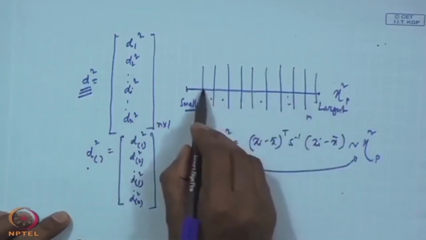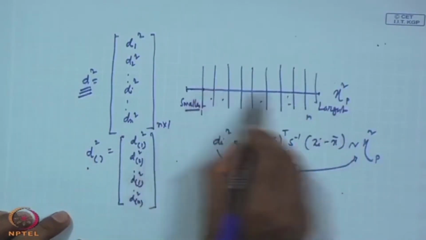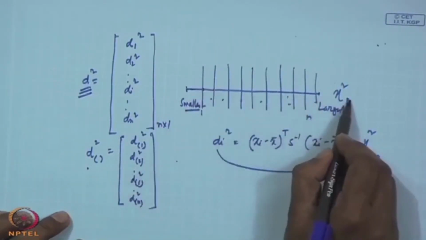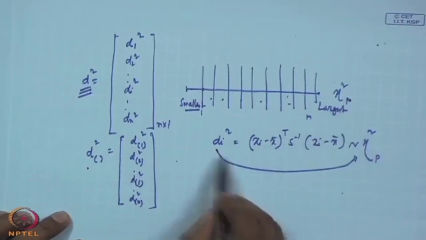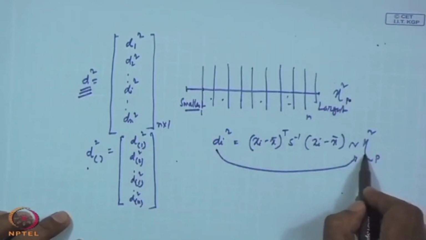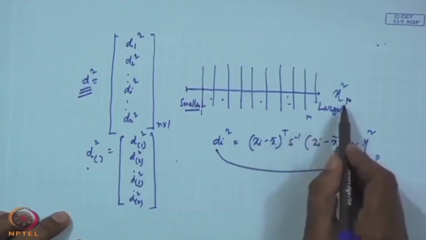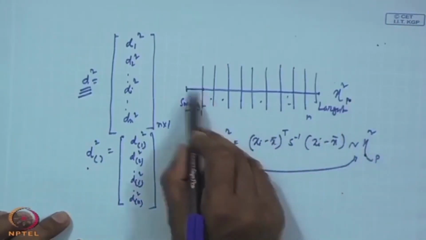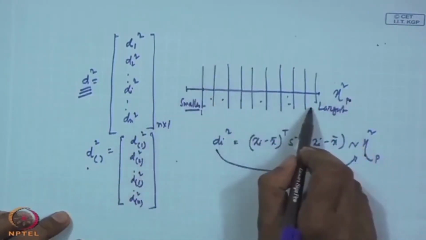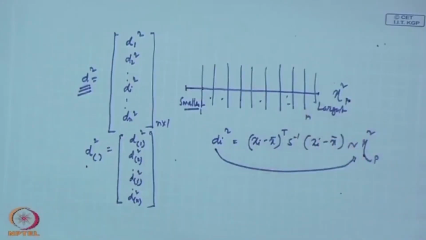I can get for quantile all points chi-square value. Now, d_i² is chi-square distributed. So, from d_i², if I compare with the chi-square quantile values, I must get a relationship. Understood or not?